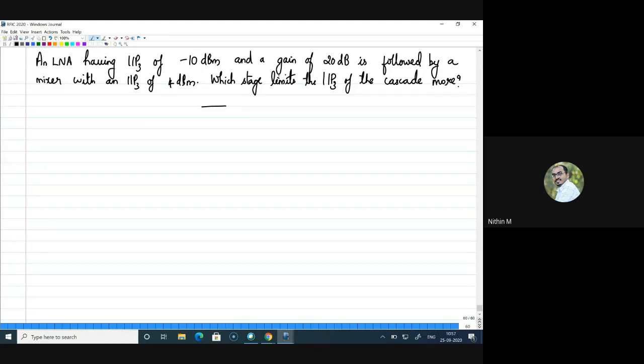So not by looking at the individual IIP3, you have to see the effect on a cascade.